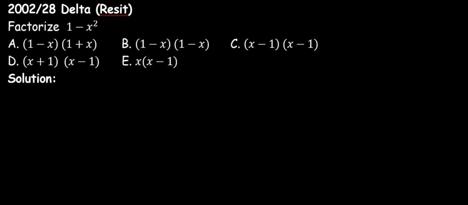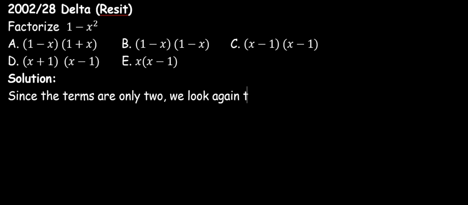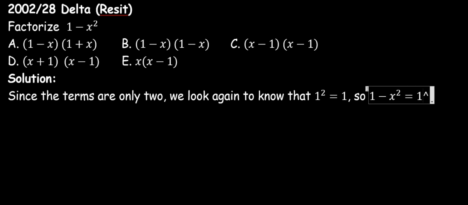Solution. Since the terms are only 2, we look again to know that 1 squared is the same thing as 1. So we can conveniently say 1 minus s squared is the same as 1 squared minus s squared.